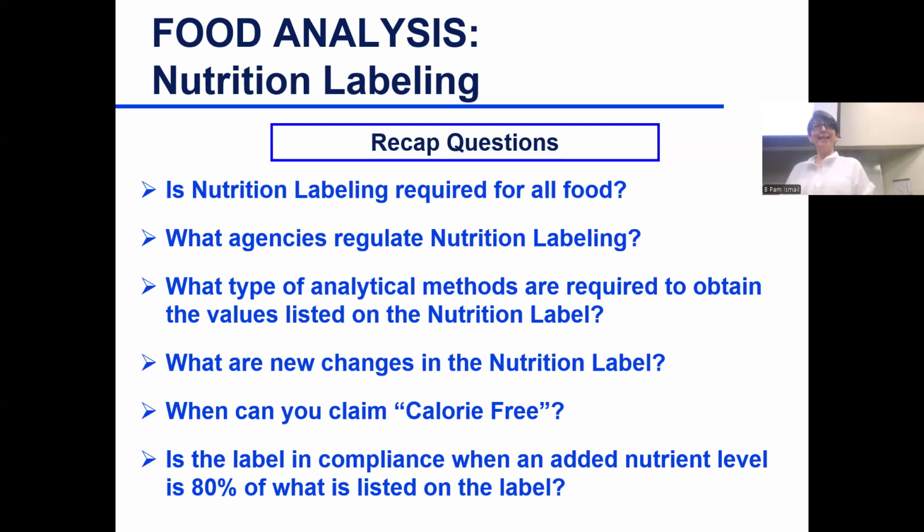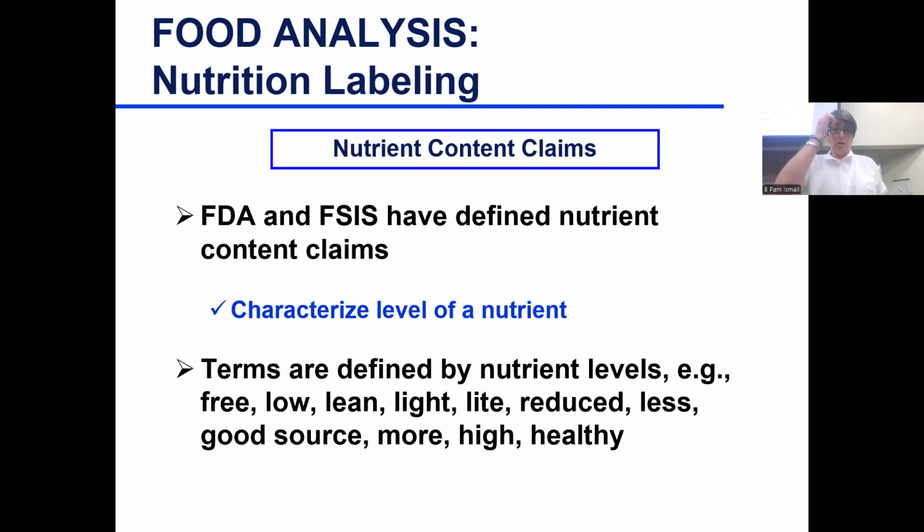Everything good you added should be at least 100%. And anything already in the product, like proteins naturally occurring in that food, can be 80% of the label or more, but not less than. Okay, these things you have to remember. They're not too hard to remember. They're logical.